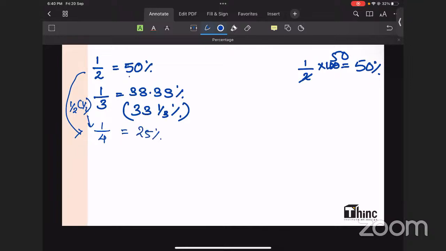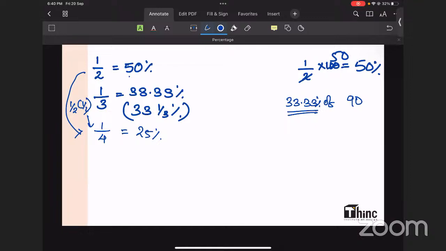Enough. Okay, if a question comes, 33.33% of 90, at that moment, instead of 33.33, we can use this 1 by 3. It will act like a catalyst. Catalyst will increase the speed.